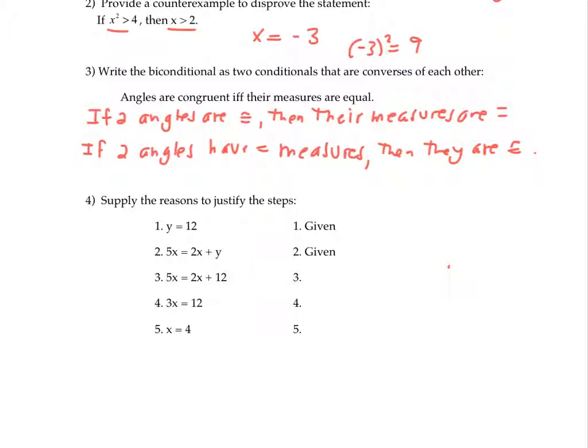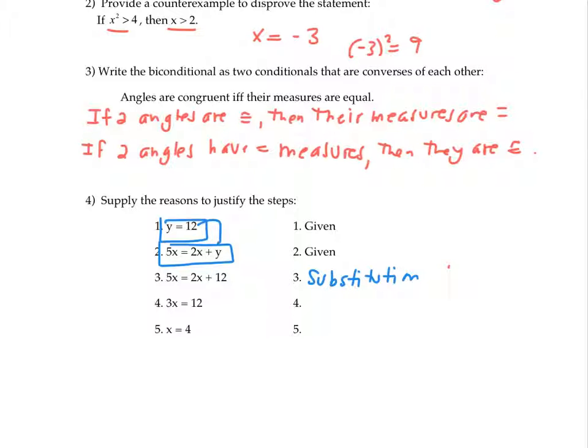Okay, number 4, we're to supply the reasons for this algebraic proof. So they're giving us y equals 12, they're giving us 5x plus 2y equals 5. In the next step, 12 is being placed in there in place of a y, so that would be substitution. Next we have the line 3x equals 12.